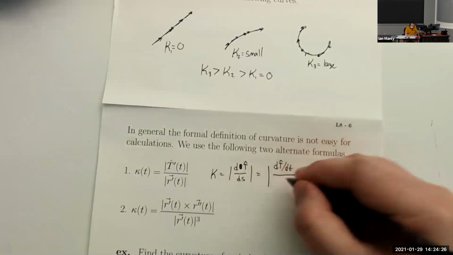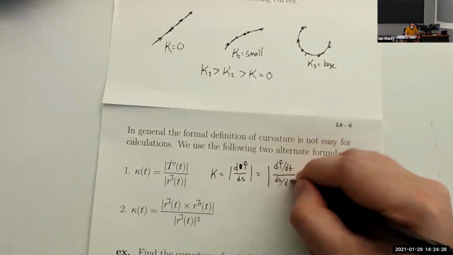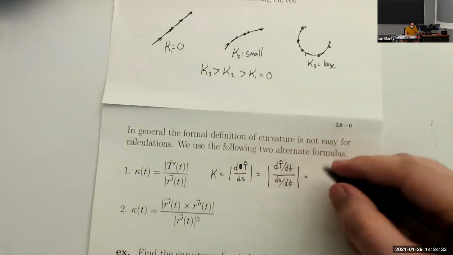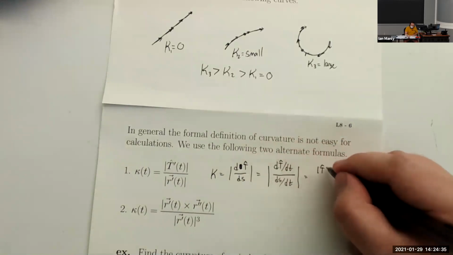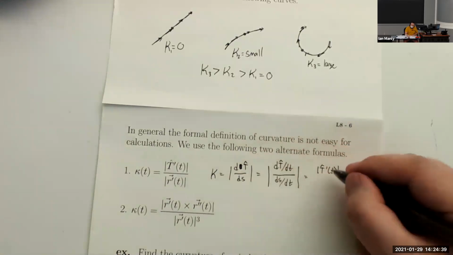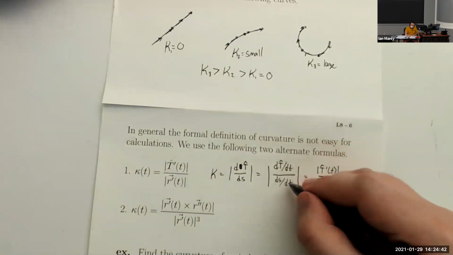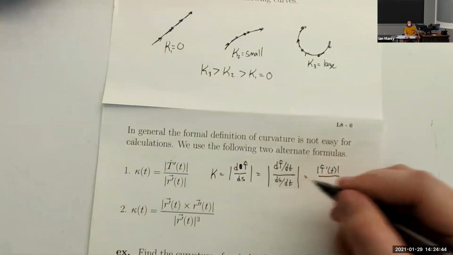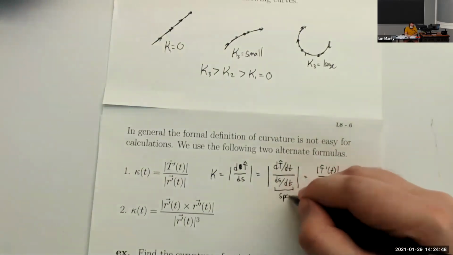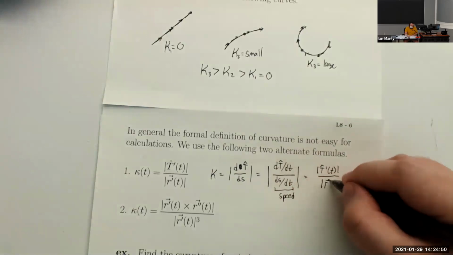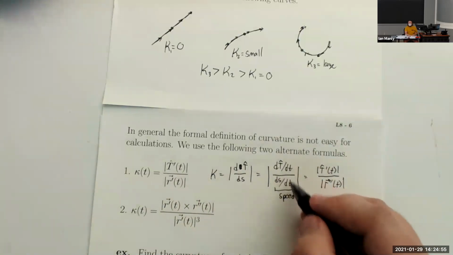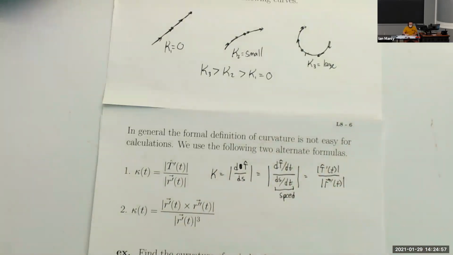And remember, it's not actually quite division, but you can kind of think of it that way. And then this top part is going to be the magnitude of the derivative of T hat. And then the bottom, ds/dt. What's ds/dt? Remember, that's the magnitude of r prime. This is the speed right here, which is the magnitude of r prime. So that's where this formula comes from. And effectively, you just insert a dt right there.